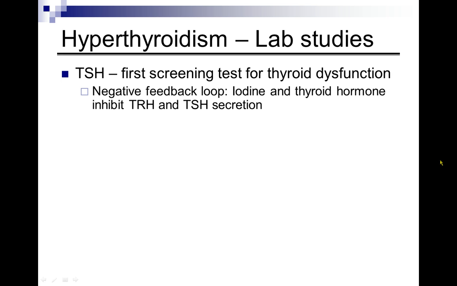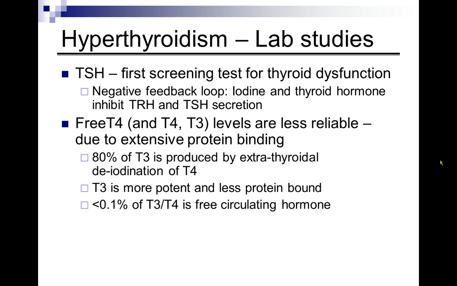So patients who are hyperthyroid may in turn have a low TRH and TSH, whereas patients who are hypothyroid may have a high TSH. And of course that depends on where in the axis the problem exists. And for that reason, other studies may be necessary, like T4 and T3 levels. You can look at total or bound or free levels. Because of the protein binding, these aren't as reliable, and they're usually used as secondary studies to help clarify the diagnosis and the location of the pathology.